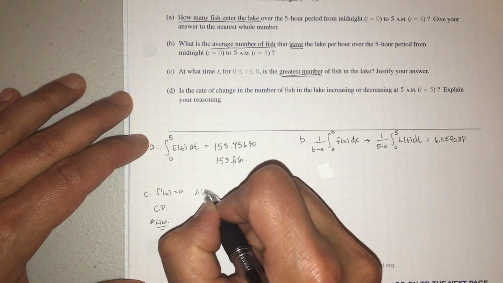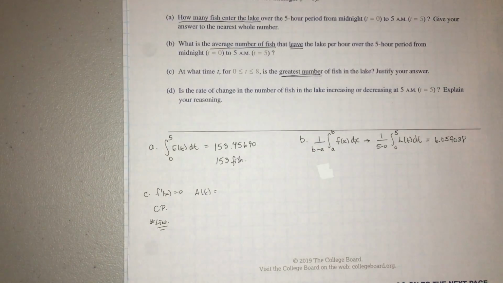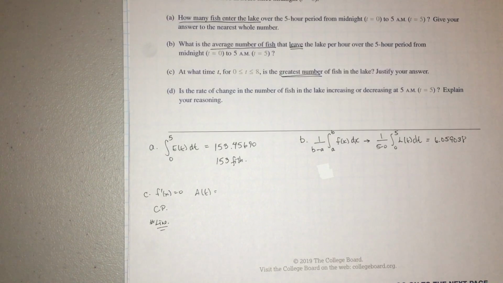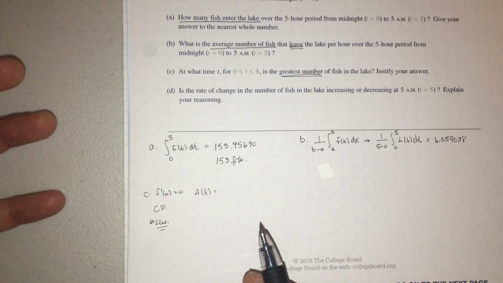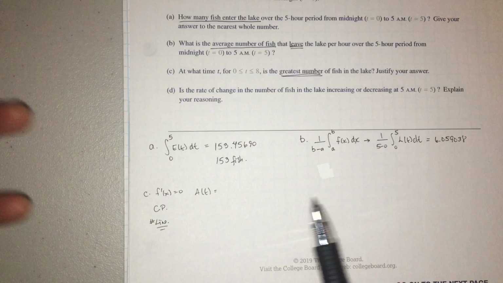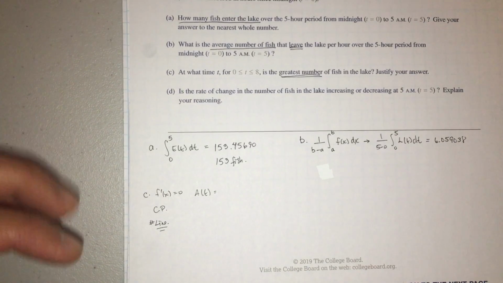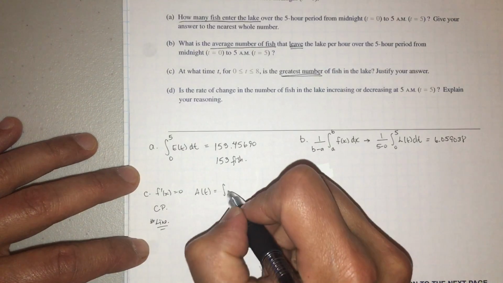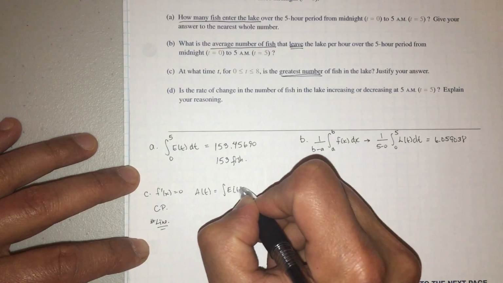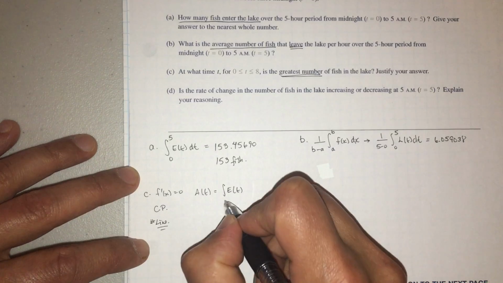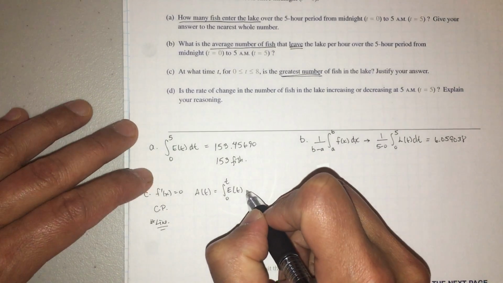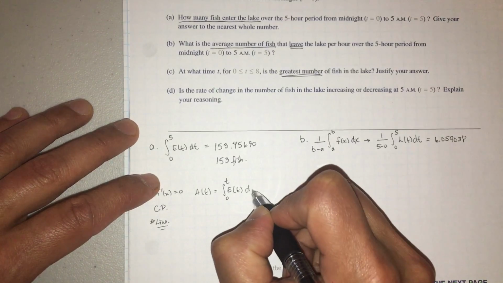What's our function? A of t, because A is the amount of what we're talking about with respect to time. Are there any initial conditions? Is there anything already in here? No, there's nothing. That makes it easier for me. So now what's going in? Boom, E of t, that's my rate, from 0 to t because this is just my general function, dt.